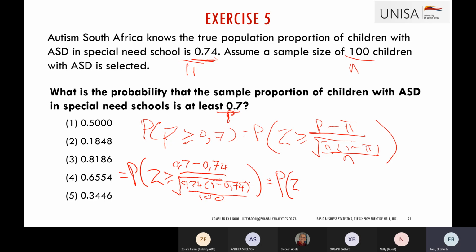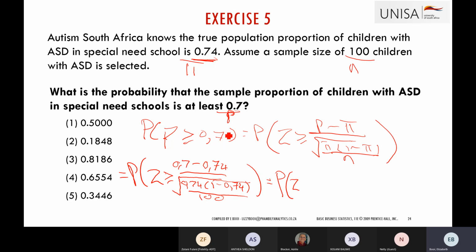0.74 times 1 minus 0.74 divided by 100. Take the square root of the answer.